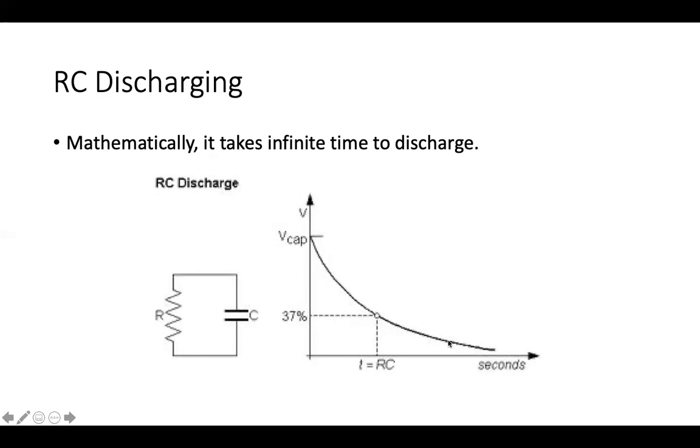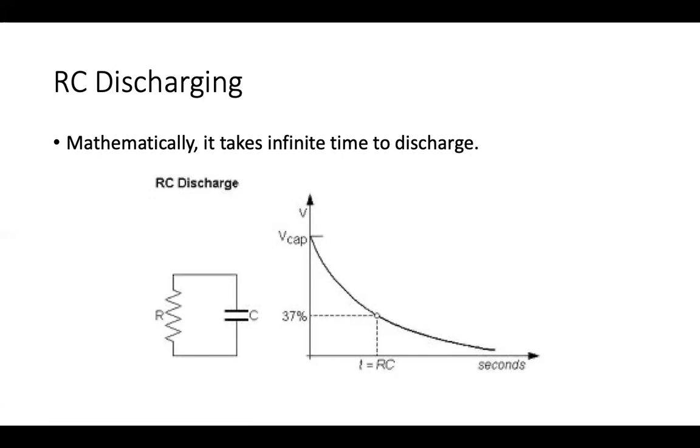In this curve, because it's an exponential curve, when t equals R times C, the charge becomes 37% of the initial value. So this is a DC RC circuit discharge. And what's called the RC constant is the value of resistance multiplied by the capacitance.